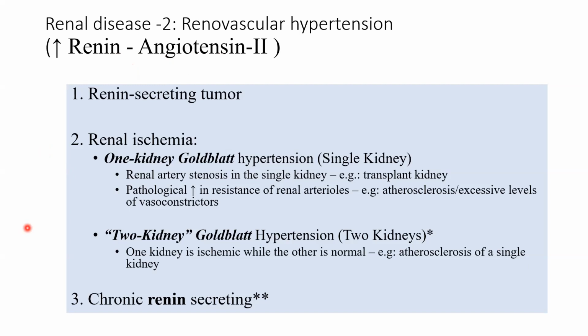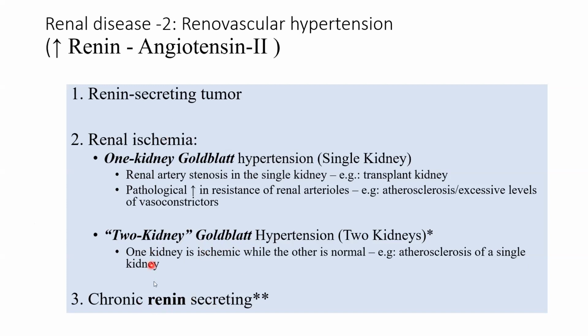Okay, we're not talking about whole kidneys now. We're talking about within the kidneys, the ischemic sections producing renin and angiotensin-II, which then eventually affects the normal part to behave exactly in the two kidney Goldblatt scenario. So the outcome is the same, fluid retention, but it's literally the two kidney Goldblatt scenario within the same kidney. Okay, I hope that's clear.